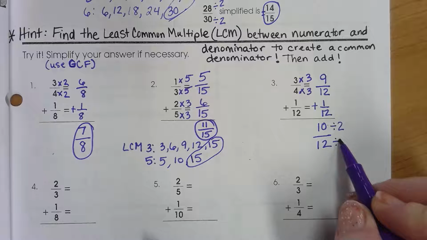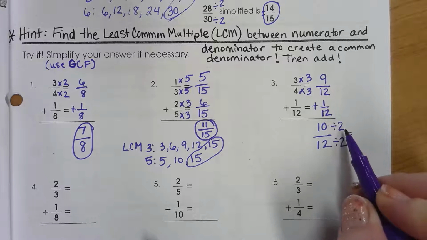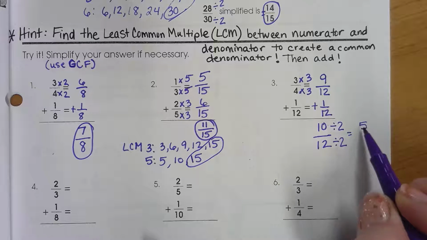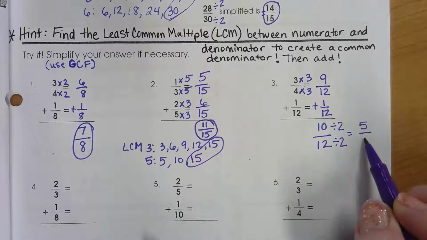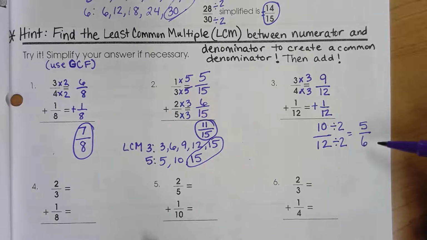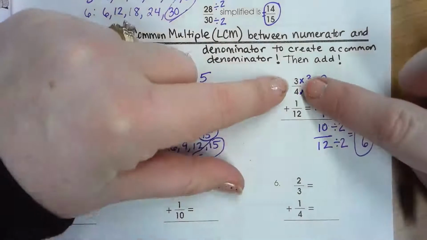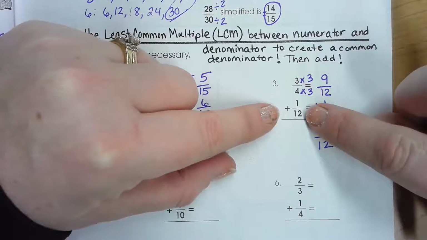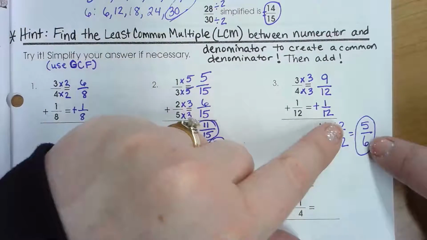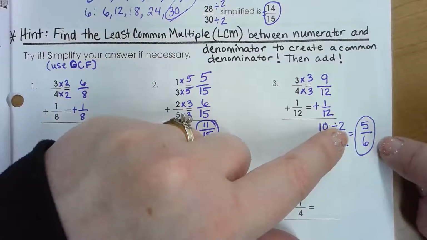So let's divide it by 2. 10 divided by 2 is 5. 12 divided by 2 is 6. And now I have simplest form of 5/6. So 3/4 of a pie plus 1/12 of a pie is equal to 5/6 of a pie.